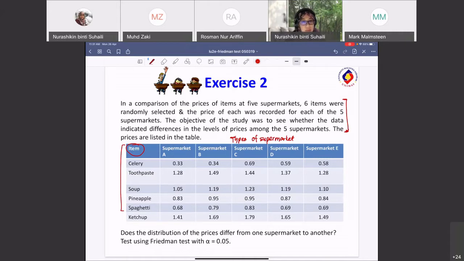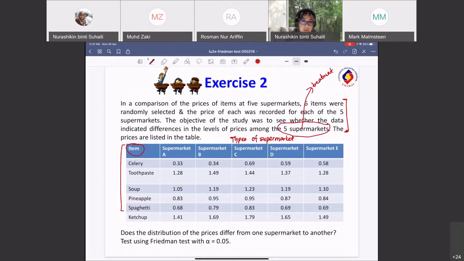The primary or ultimate thing to be compared. In this case, the last two sentences say the objective of the study was to see whether the data indicated differences in the levels of prices among 5 supermarkets. That's the emphasis, and that is the treatment or the first factor. That's how you can identify the first factor, the main thing to be compared.